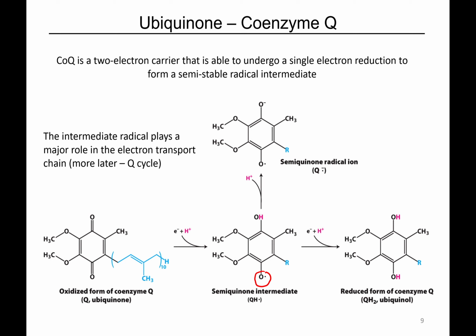It never really leaves the inner membrane. But also, it's typically trapped in an active site of an enzyme, so it never exits the hydrophobic part of the membrane. That's the really important part. So even if we do have this single electron reduced form, our semiquinone, we never really release it. So it's safe.